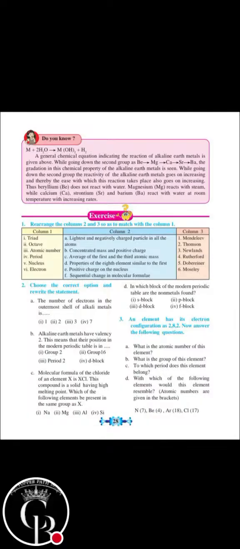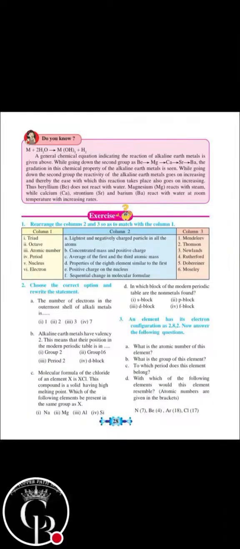Reaction of alkaline earth metals with water. A general chemical equation indicates the reaction of an alkaline earth metal: M plus 2H2O gives the hydroxide and hydrogen, while going down the second group: beryllium, magnesium, calcium, strontium and barium. A gradation in the chemical property of alkaline earth metals is observed while going down the second group.